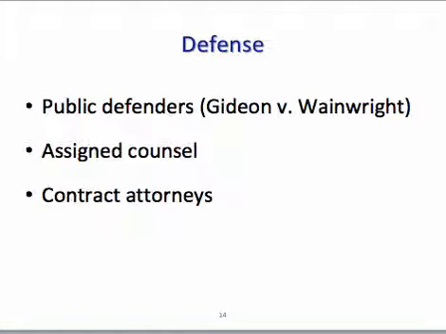The Supreme Court reversed that decision by the Florida Supreme Court, and as a consequence, not only are people now provided with public defenders, but quite a few previous convictions were overturned because of that decision.